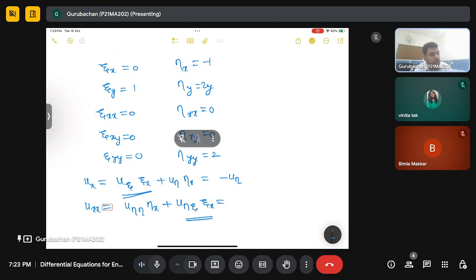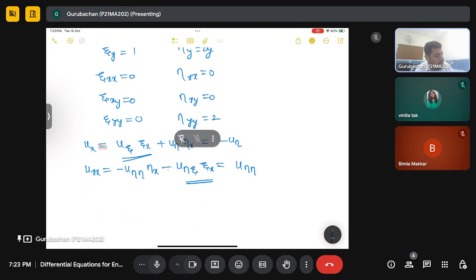Since this term is 0, we don't need to worry about it. We are left with only u eta, and this was with negative sign, so this will become positive.